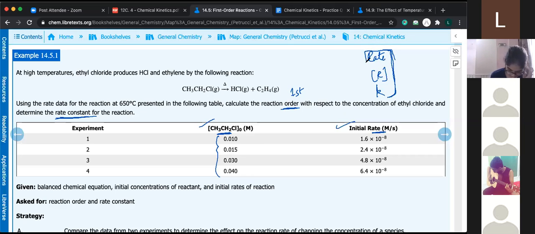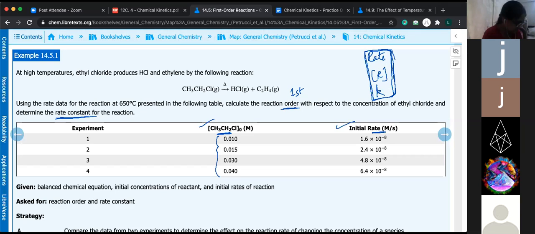What equation do you know of that has these three variables? Your silence is frightening, you guys.